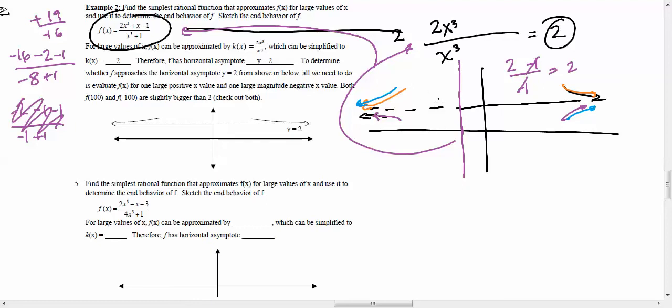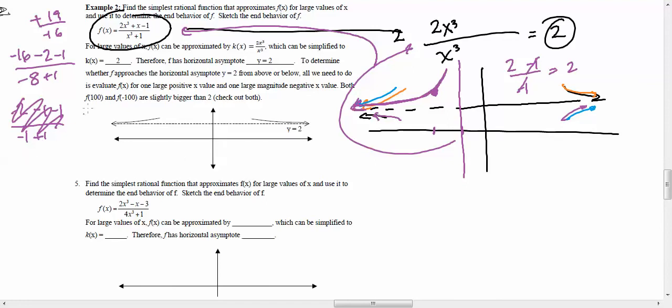So my point is that it comes from up here. At -2, this thing is going to be up here. So I'm guessing that the graph is going to look something like this. And what I did was I plugged in points to kind of figure out exactly where that thing is. And then over here, I want to test on this side of the vertical asymptote. So why don't we just plug in 0? 0 seems to be the easiest.